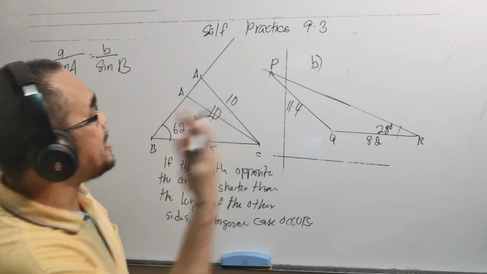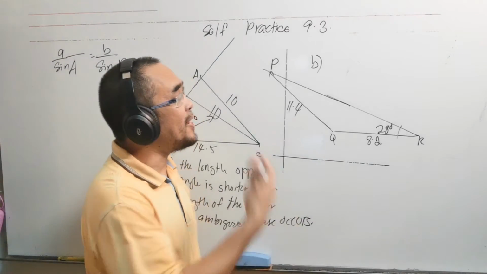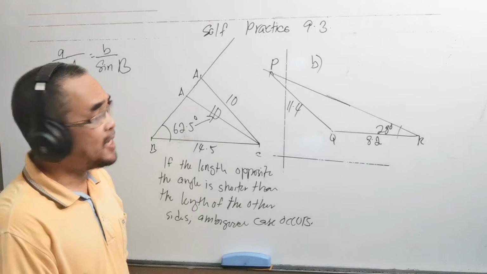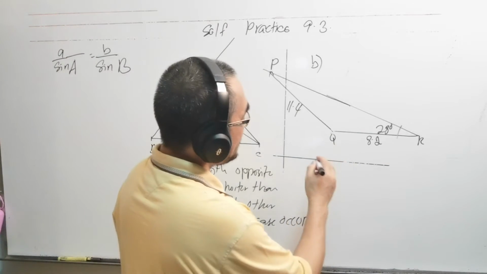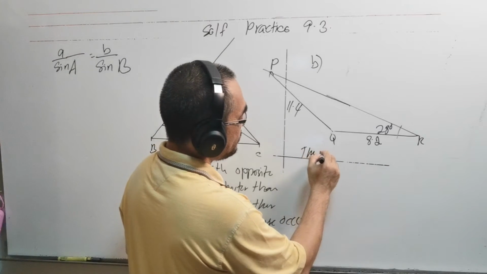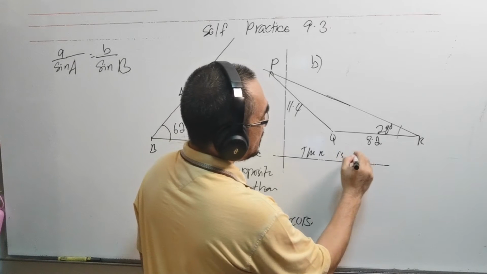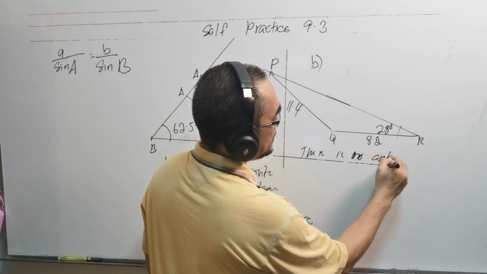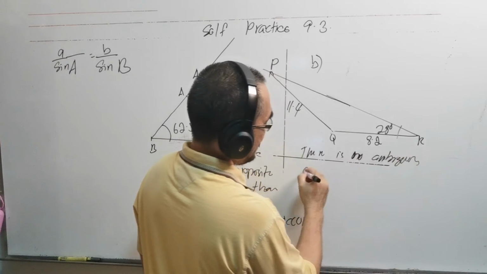So P could not be in two places, only one place. So there is no ambiguous case.